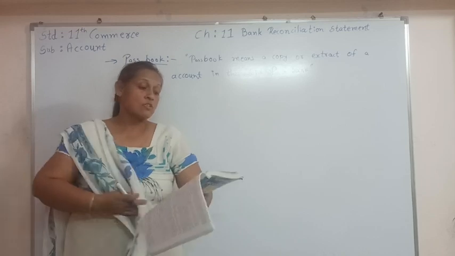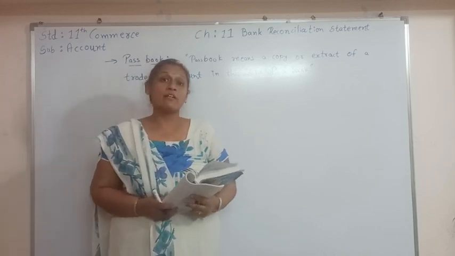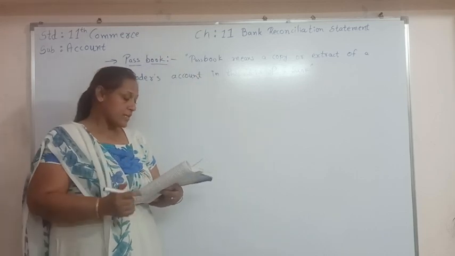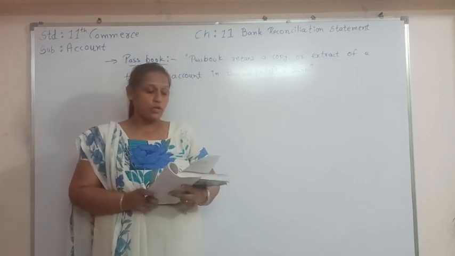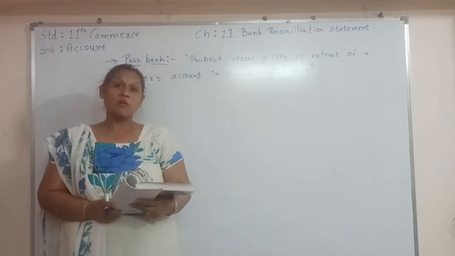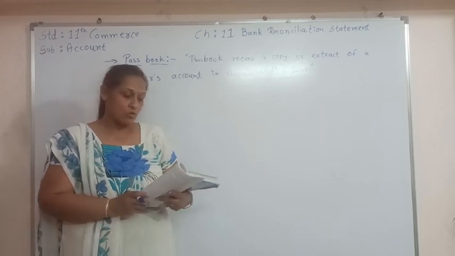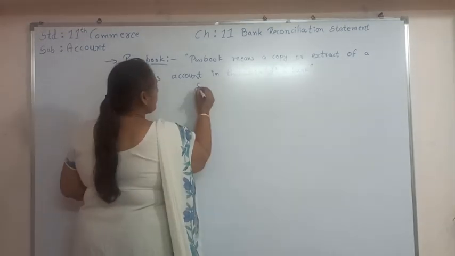So here we also have to understand the specimen of passbook, so that we can understand what the balance of passbook is. So here the columns in the passbook are date, particulars, check number, amount withdrawn, amount deposited, balance, and sign of officer. So let's prepare the specimen of passbook.